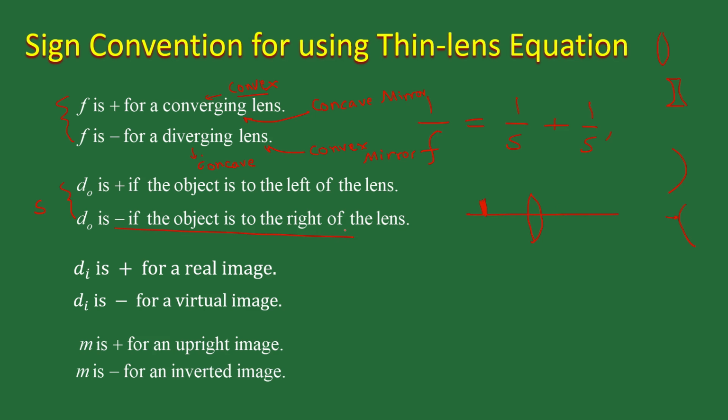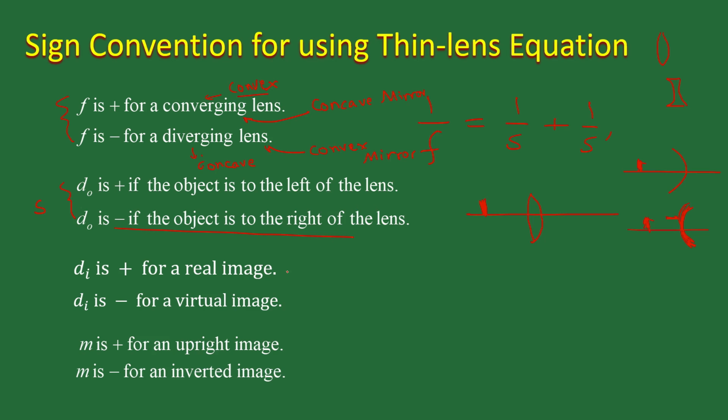In case of mirror, it's always on the left side. If this is the reflecting surface, then that's where we will have the object. And if we have this convex mirror, then this would be the object. So we usually place the object in front of the mirror. So usually for mirrors, object distance is always positive.